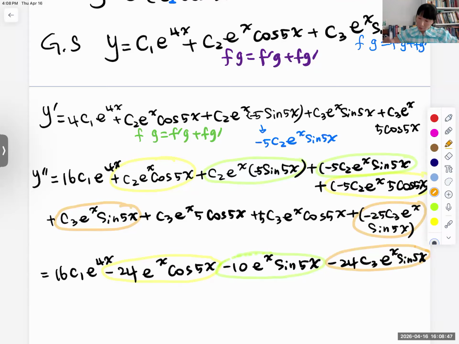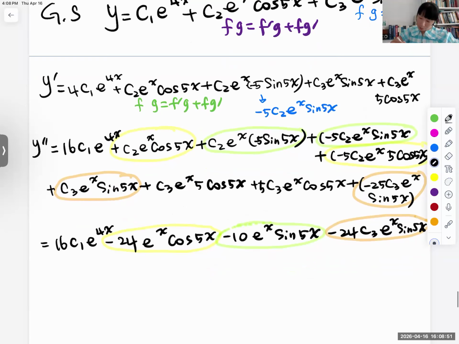Okay, now I will rewrite everything. Yeah, so there will be positive c sub 3 e to the x, there is a 5 cosine 5x. Okay, hold on.